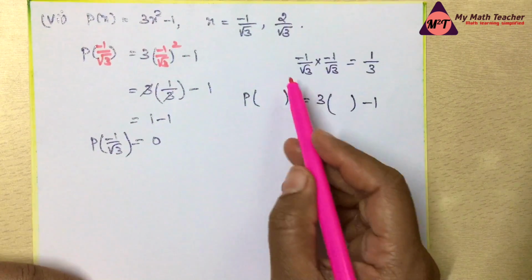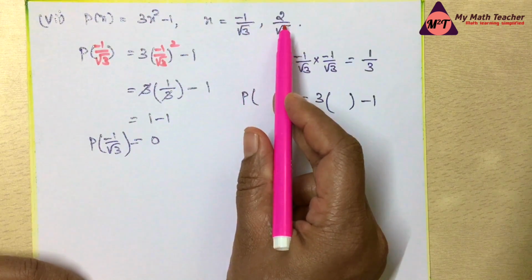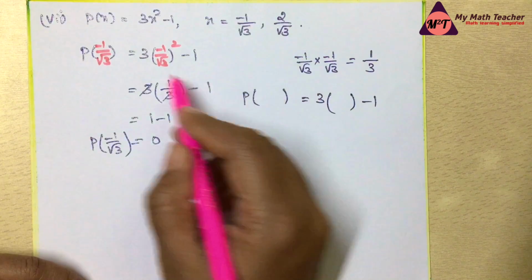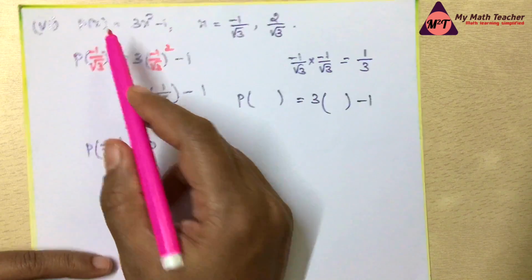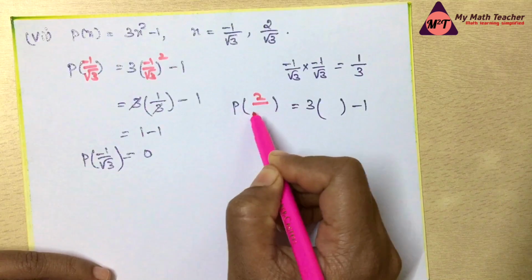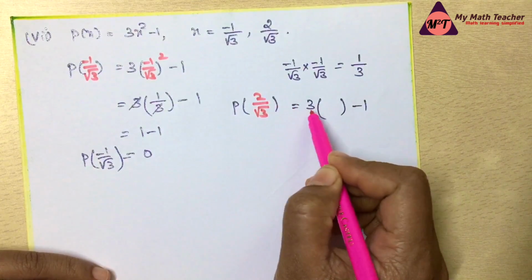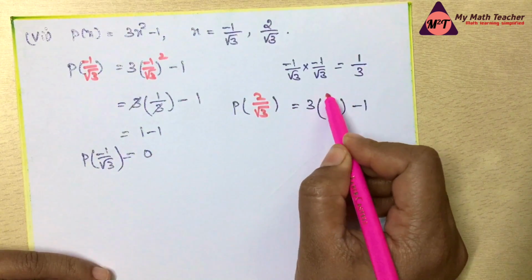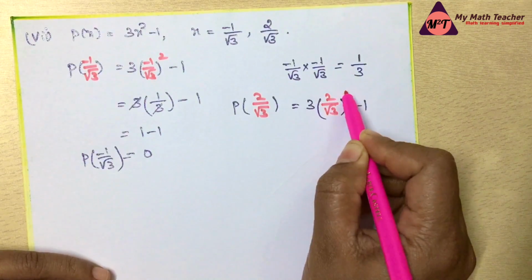Now let us substitute the second value, that is 2 by root 3. P of, in the place of x, we are substituting 2 by root 3, which is equal to 3 into x square, that is 2 by root 3 the whole square.